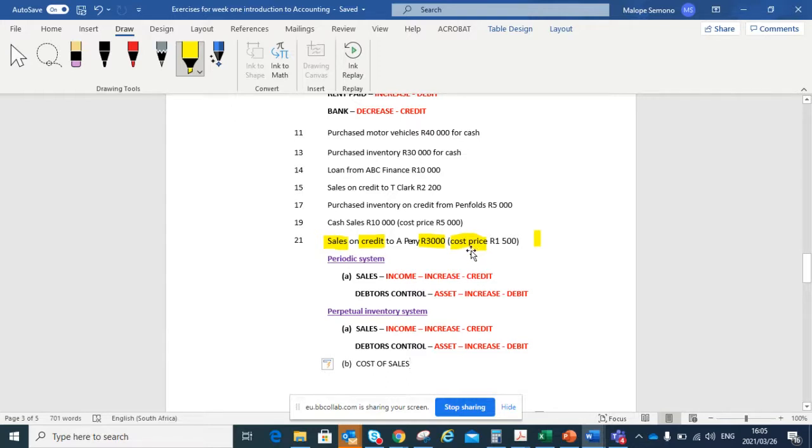When I say cost price, it means this is the cost of something that I bought. What did I buy? I bought inventory because I sold inventory. So it means the other account will be inventory or trading inventory. Or you can call it trading stock. It's up to you. Can you see now?